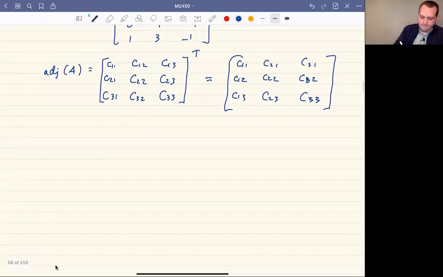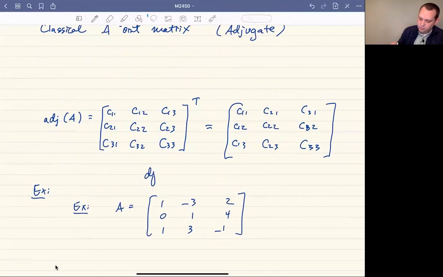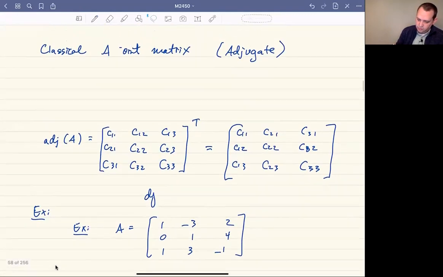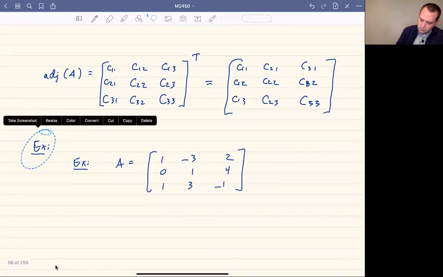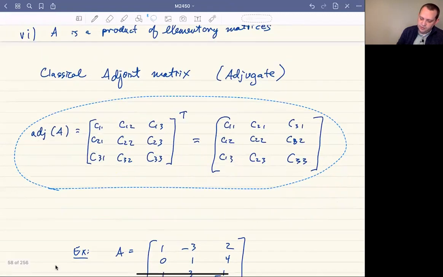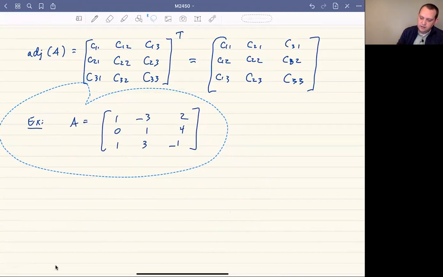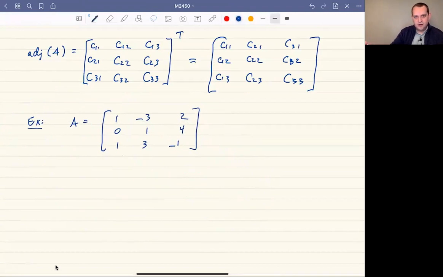Let's do an example. Let's look at this matrix A that we had. In fact, let's copy down our example and reorder everything here. In general, that's the definition of the classical adjoint. If we do an example with this matrix, we have to find the 9 cofactors.